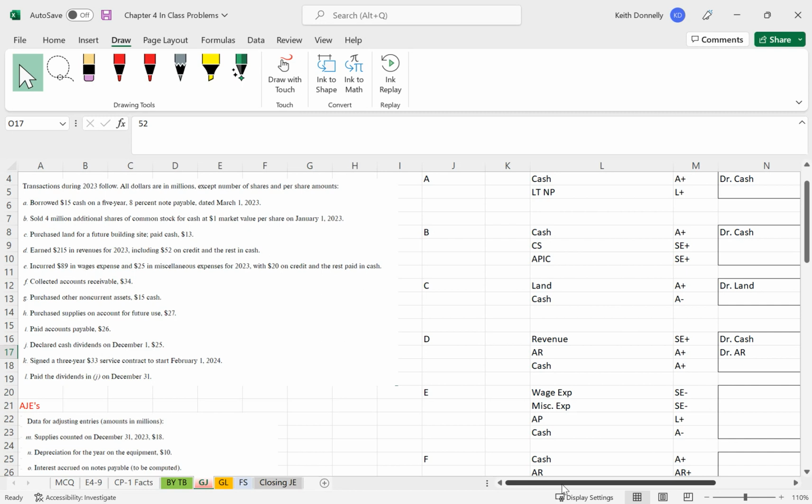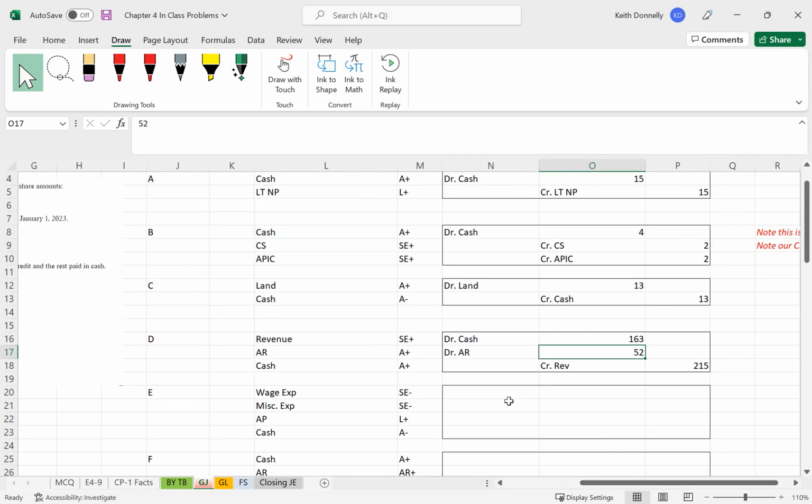Let's look at E here. Looks like we had 2 expenses, right? Wage expense for 89, miscellaneous expense for 25. Looks like 20 of that we accrued, we're going to pay next period, and the remainder we paid in this period with cash. So you can see the step 1, step 2. What you're going to do here is debit wage expense, debit miscellaneous expense, credit account payable, credit cash.